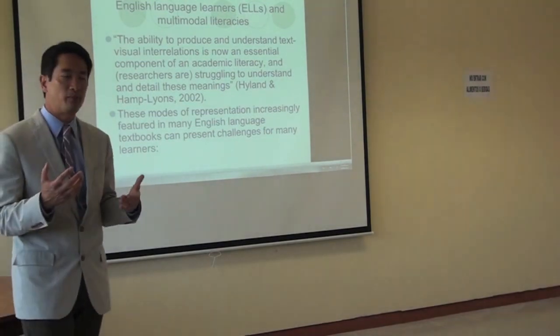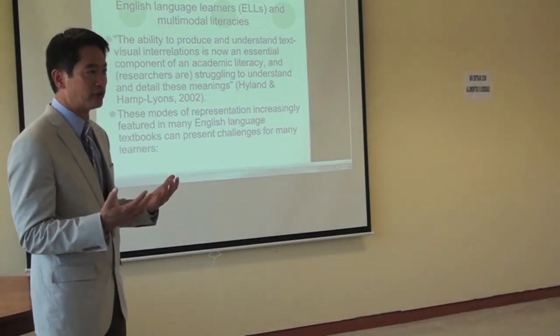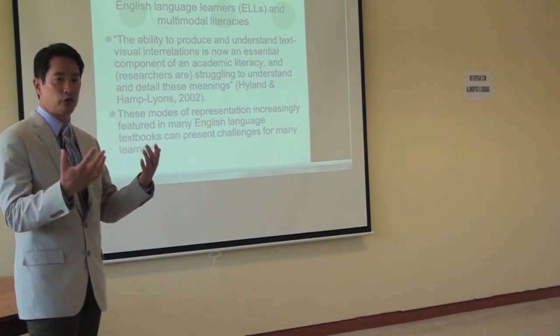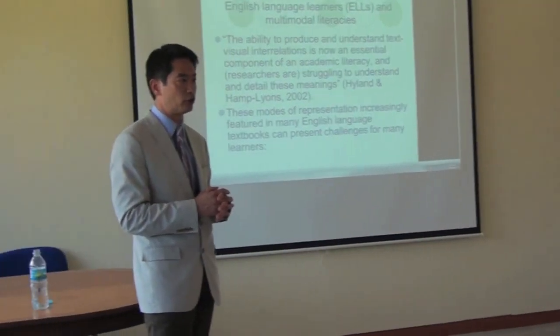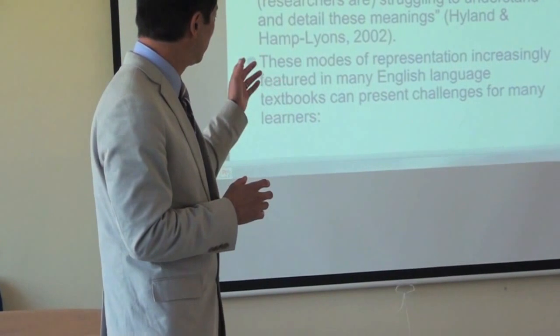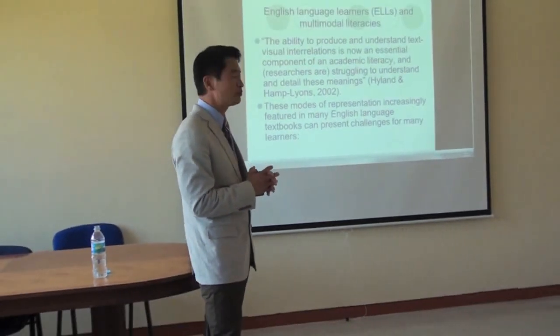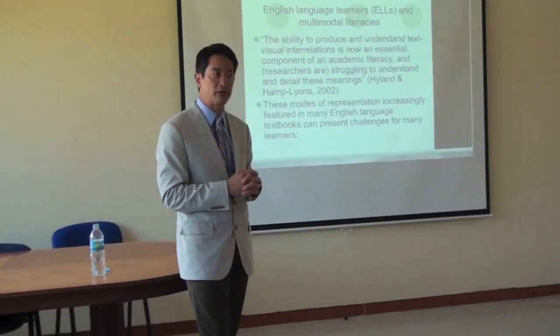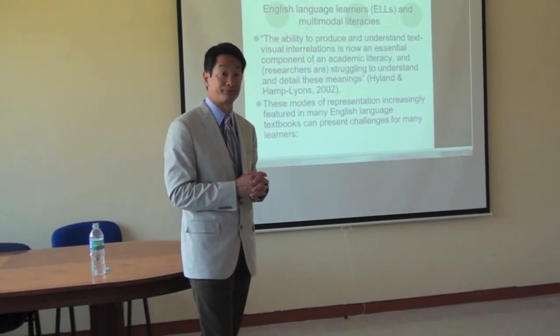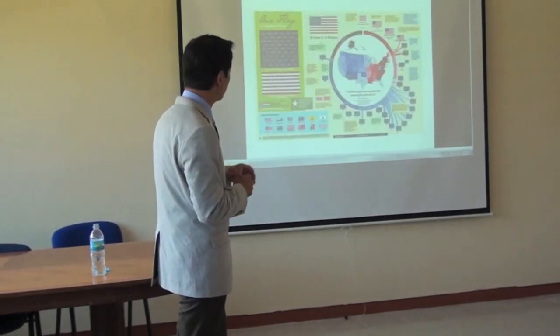If you notice English language textbooks recently published that are used at both the high school and university level, these modes of representation can be a challenge for many learners. So let's take a look at several slides.